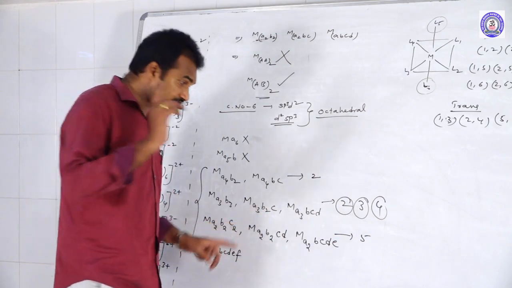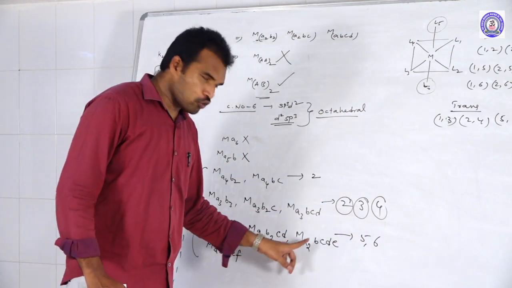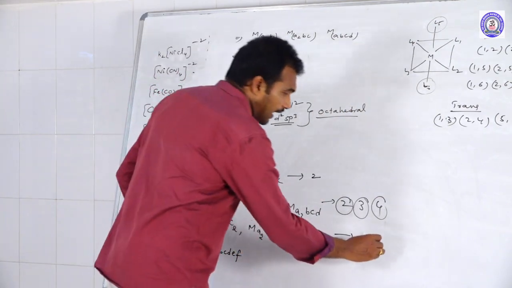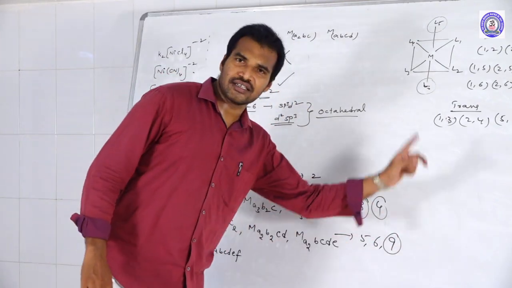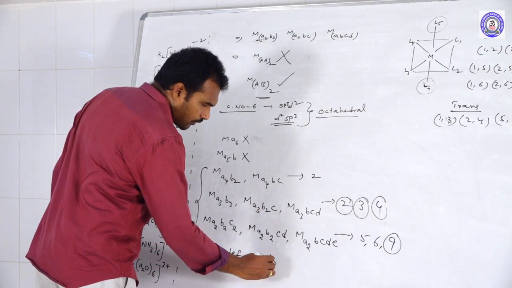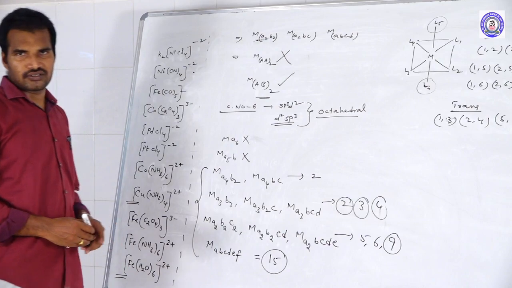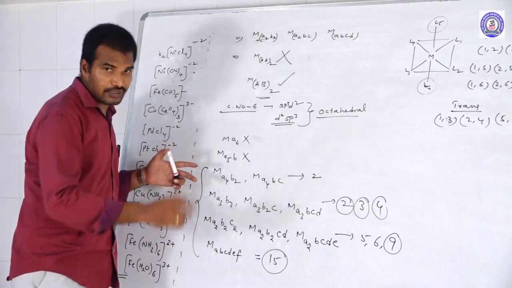MA2B2CD will show 6. MA2BCDE will show 9, not 7 or 8. So 5, 6, 9 respectively. Next, MABCDEF will show 15 geometrical isomers. So just remember this table, it will definitely help you.